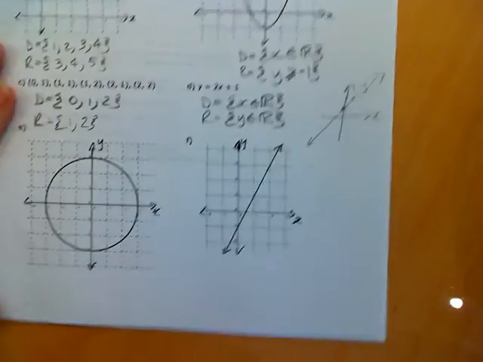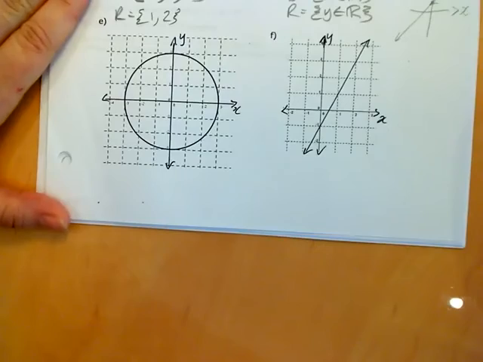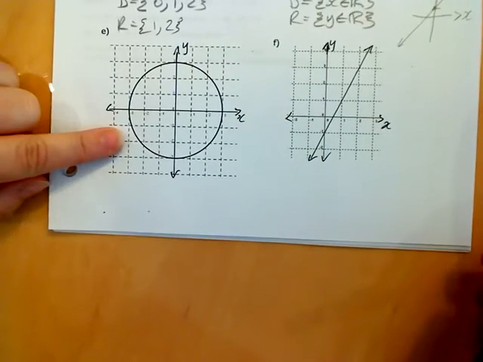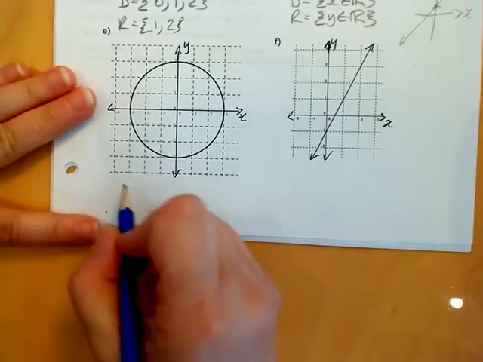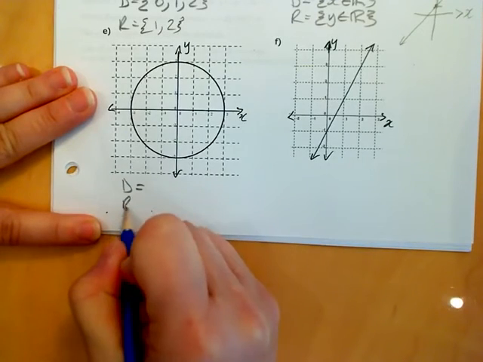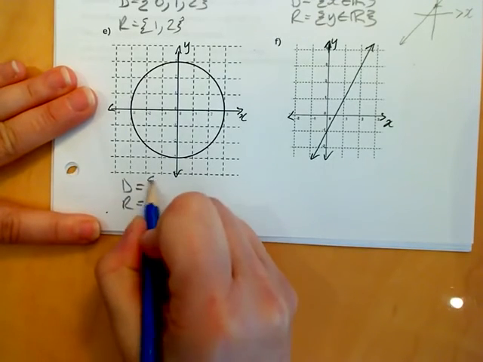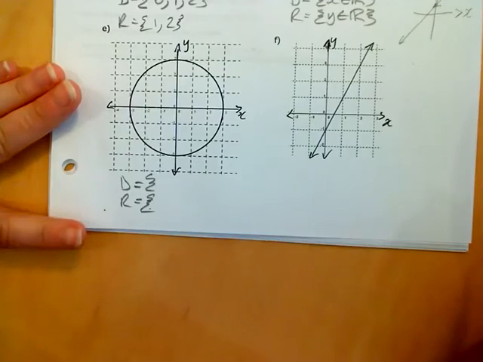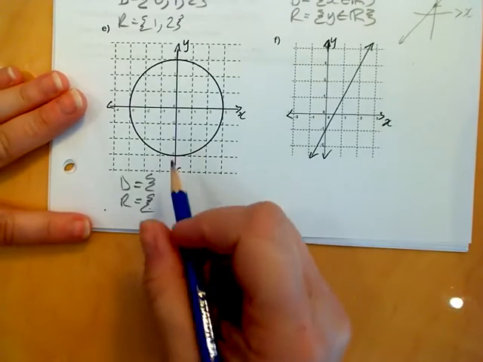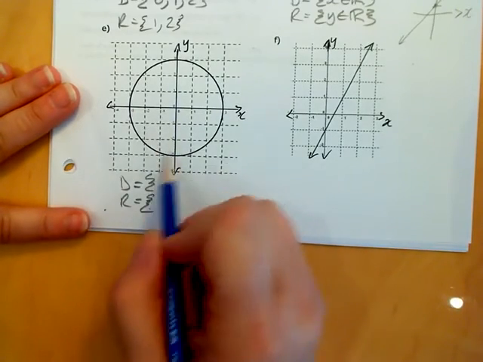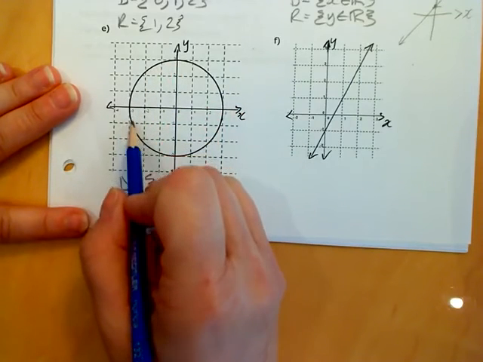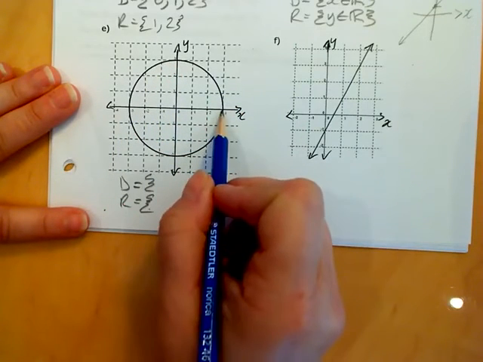Okay, now let's take a look at this. Okay, we know this isn't a function, but we weren't asked if it's a function. We were asked to state the domain and range, so let's do that. So the domain, just do my little squiggly brackets, their proper name is set notation. So here we have x values along here that go as far as -3 and as big as 3.